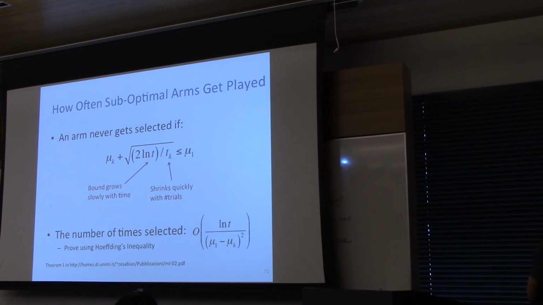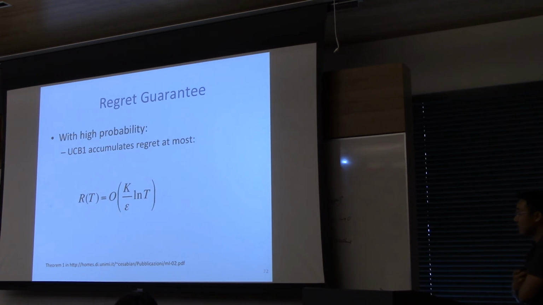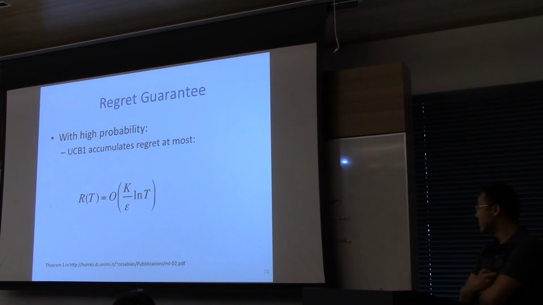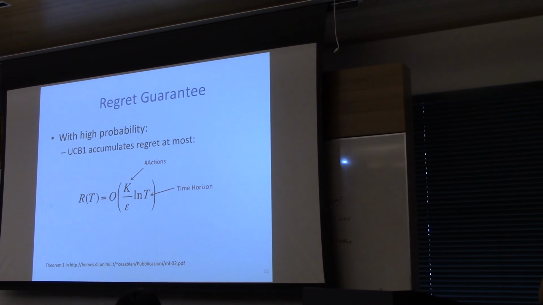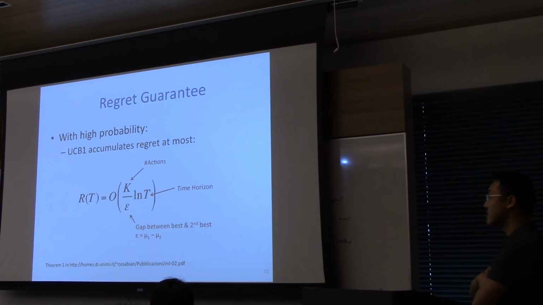The number of times a suboptimal arm is selected, you can prove, is log t over the difference squared, which gives you the following regret guarantee. The cumulative regret of UCB1 is at most linear in the number of actions, logarithmic in the time horizon, and inverse linear in the gap between the best and second best.